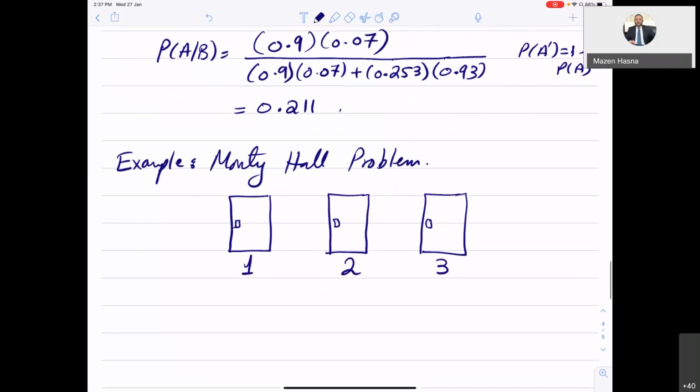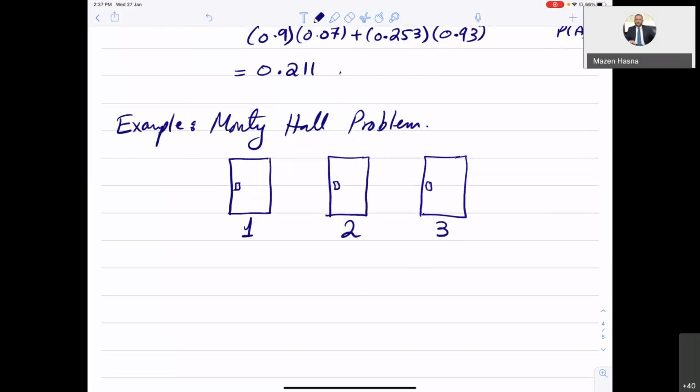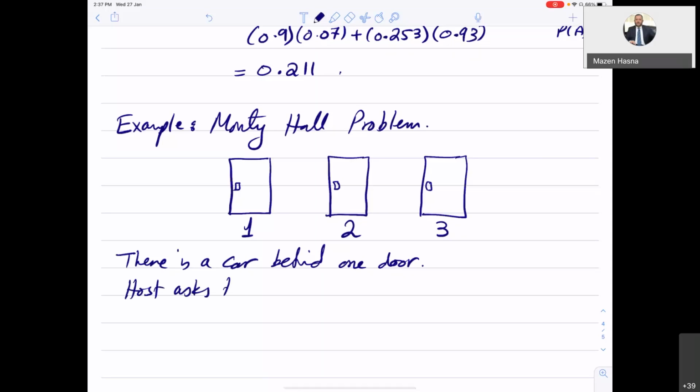Okay. So now one of the doors has a car behind it. So there is a car behind one door. Now the host asks you to pick one door randomly. So the host asks you to pick a door, and you pick number 1, for example.